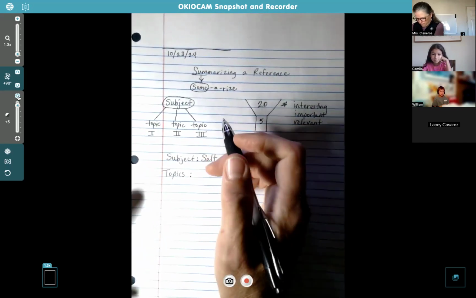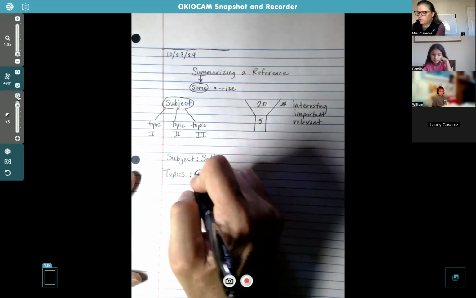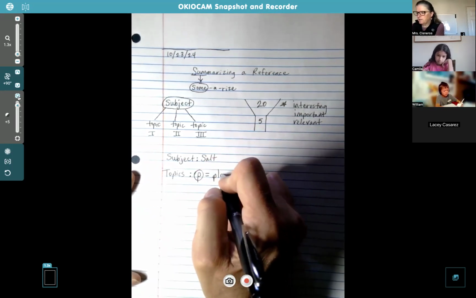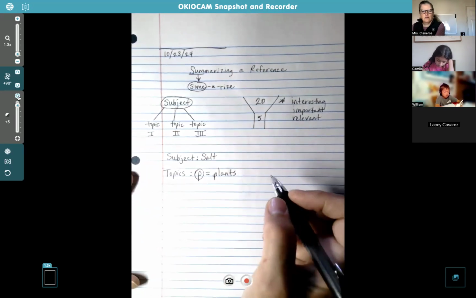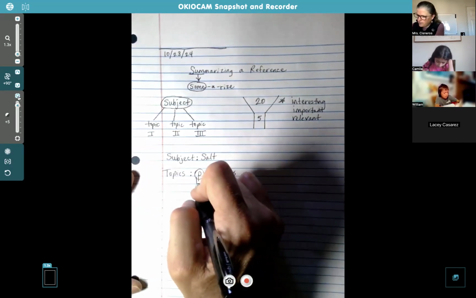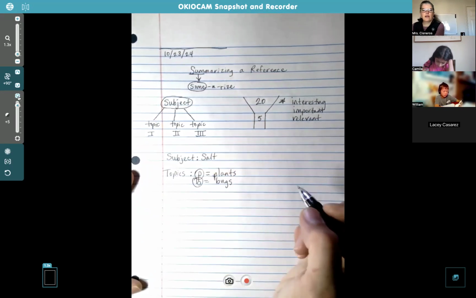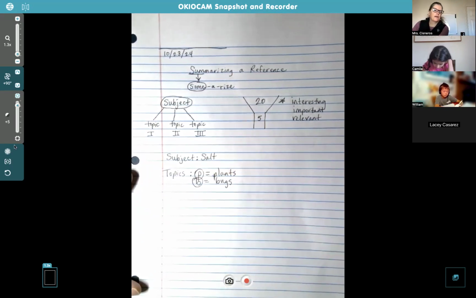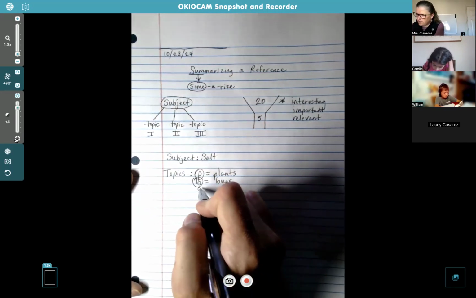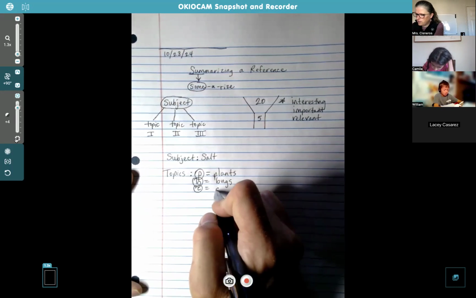We've got P with a circle equals plants. Then we've got B equals bugs. We're going to write these categories now. These are your topics, these are the letters we wrote. C equals cleaning.